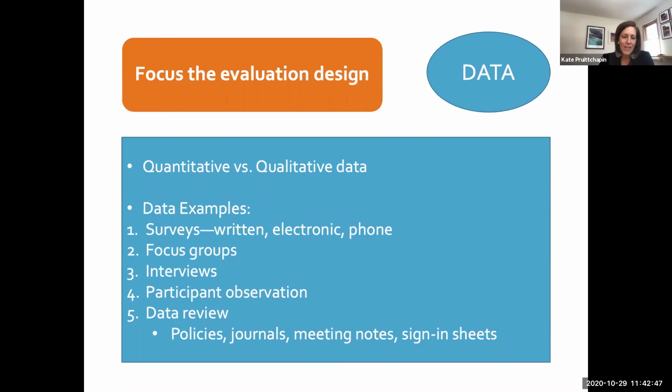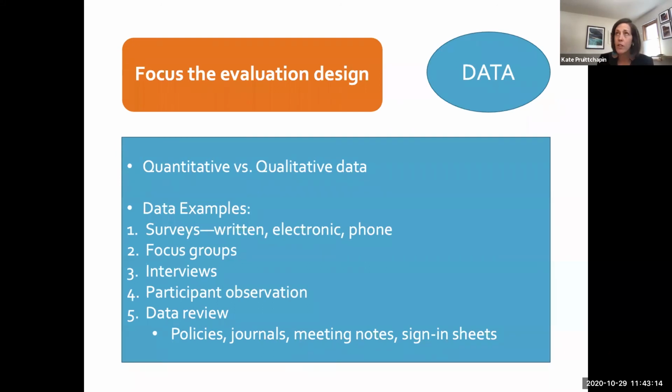So if I'm wanting to better understand a school climate, is there someone that can observe the classroom and look for certain metrics? There's kind of pros and cons to that. Having an outsider observing may change the dynamic, but there are ways to tease through that. Data review is another data source that can be helpful in your evaluation.